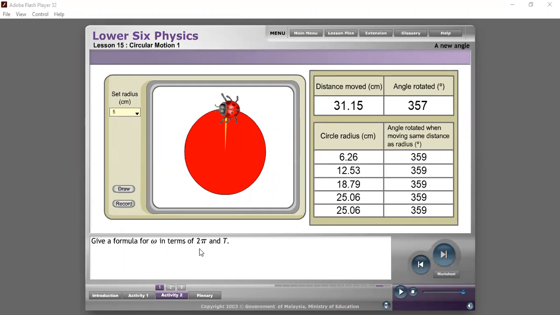What is the displacement? It's 2 pi over T. Answer: omega equals 2 pi divided by T. This one is in circular motion. In linear motion, V equals the distance of one circle, that is one circumference, 2 pi, over T.